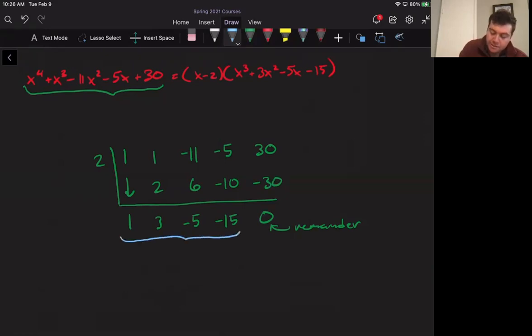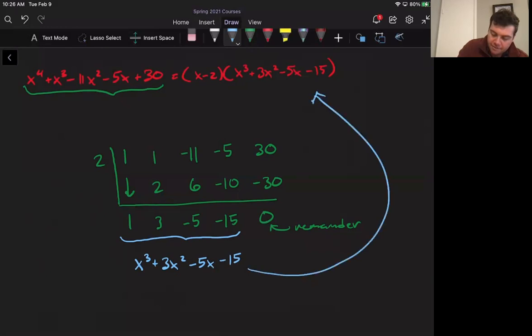So this tells us that the polynomial should be x cubed plus 3x squared minus 5x minus 15, which matches what we had above. So that's all we had to do for synthetic division. So it's a lot faster, but it does obscure what's going on.